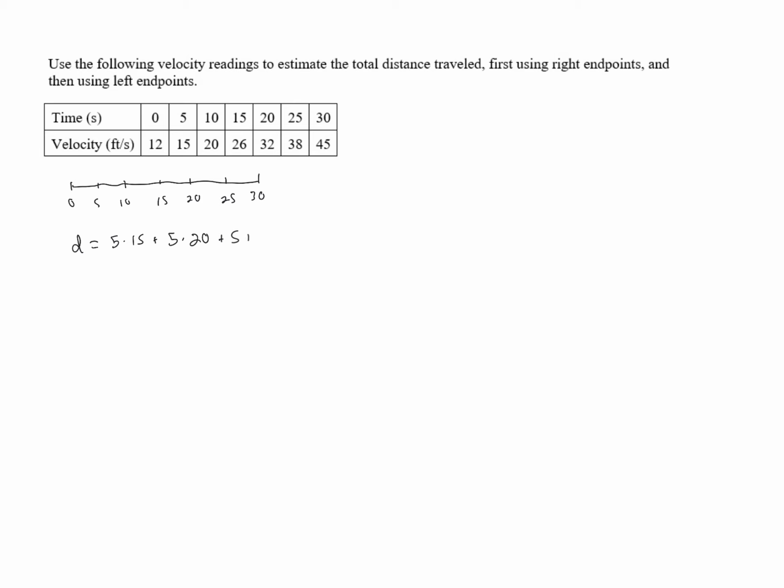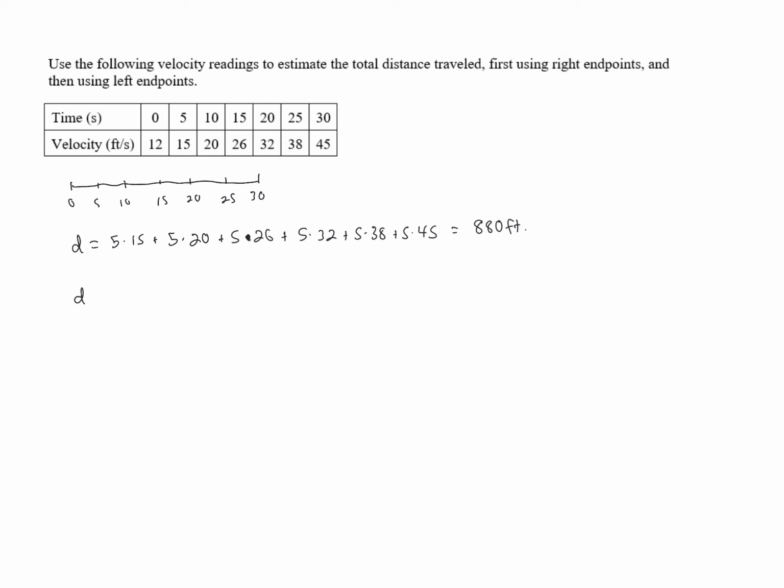It's going to be plus 5 times 26, plus 5 times 32, plus 5 times 38, plus 5 times 45. And when you add all of that together, you get 880 feet. So that is our approximation using right endpoints.